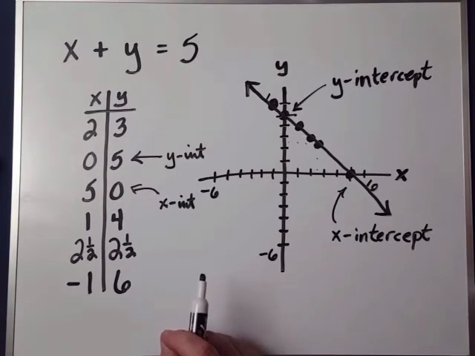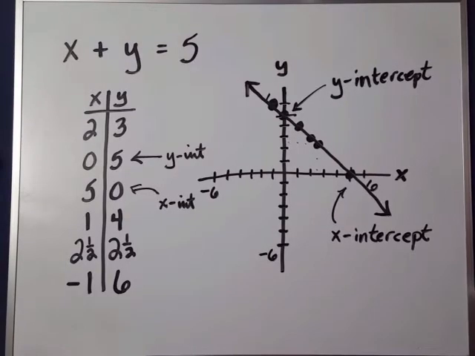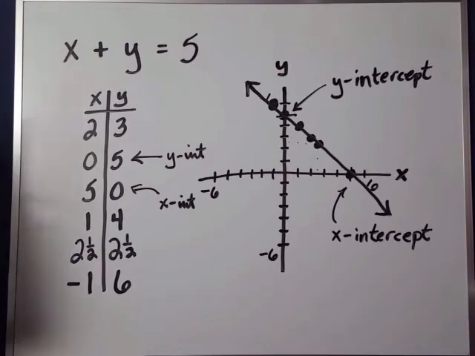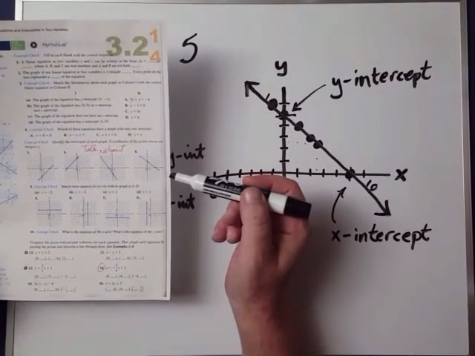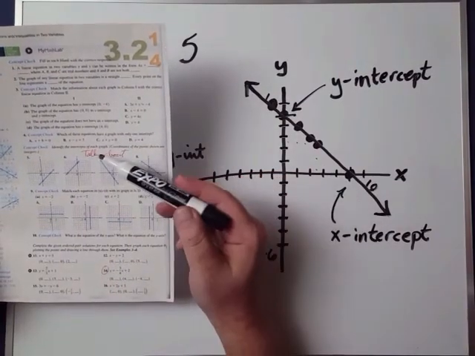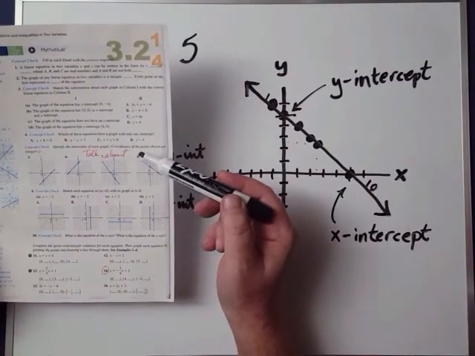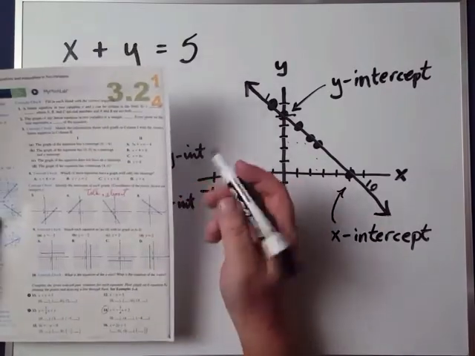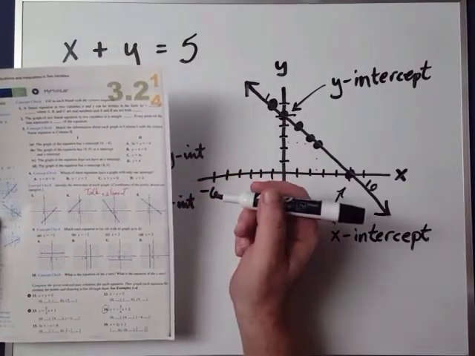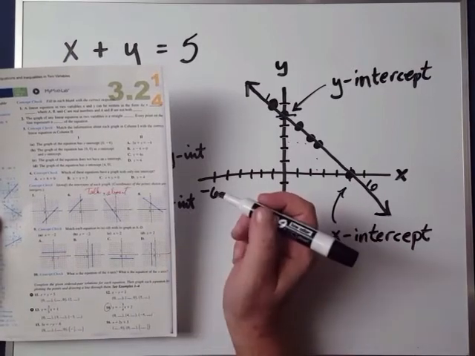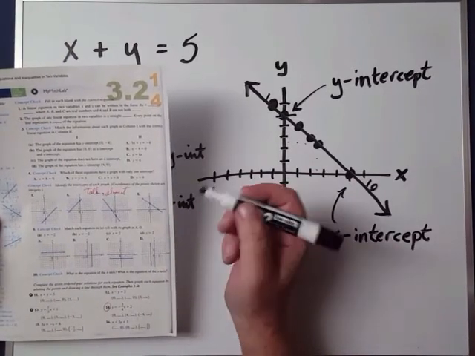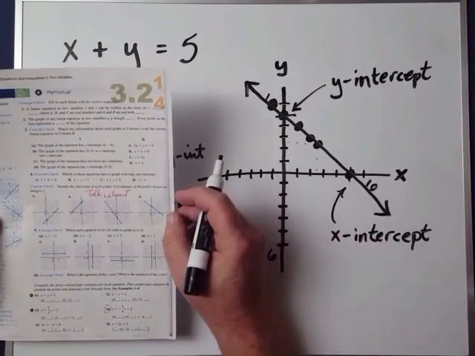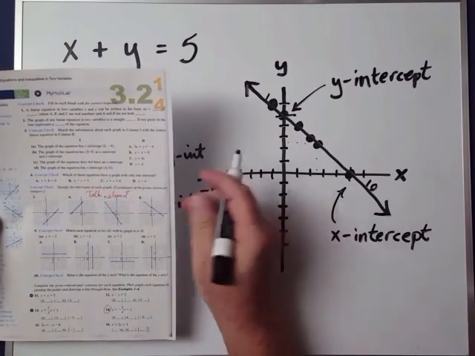Let's turn to the homework set and just look at number 8 with me. It says, identify the intercepts of each graph. And she guarantees that any point that is shown with a dot, those points have integer coordinates.